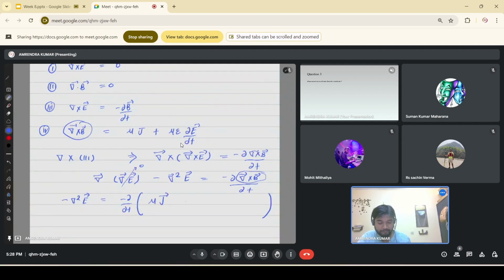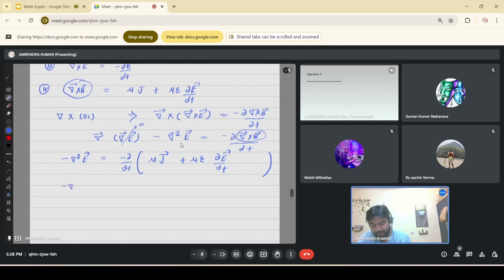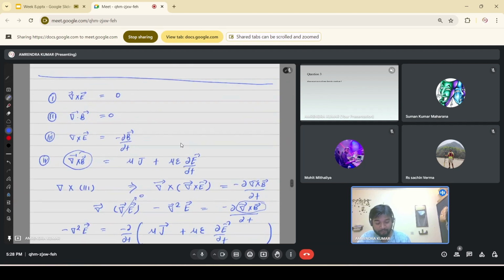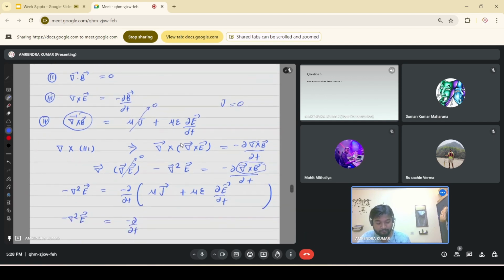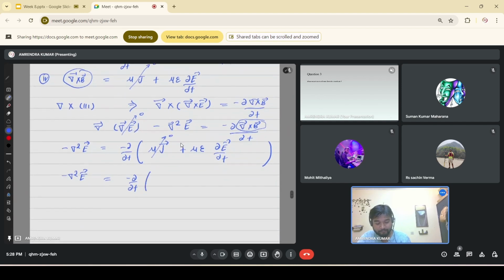So mu J plus mu epsilon del E over del T. Now you can just take the time derivative inside this bracket. But again, because we are talking about the source free case, J should also be 0. So let's put this term to 0. So it goes to 0 here also. So the only thing inside the bracket is just del E over del t.